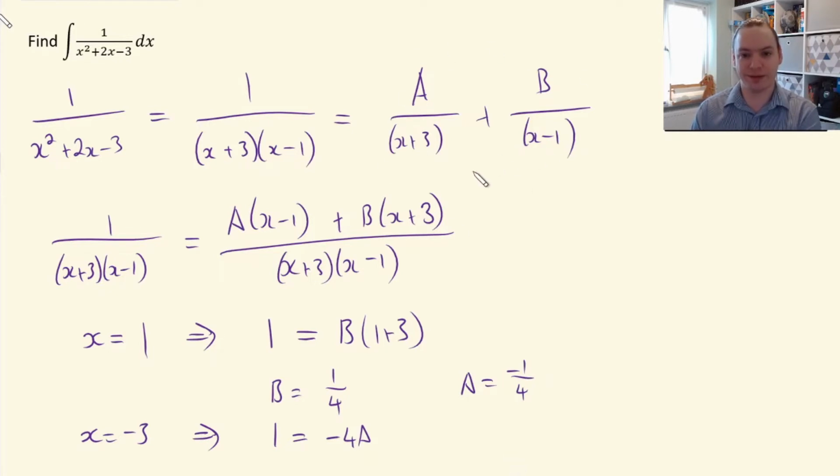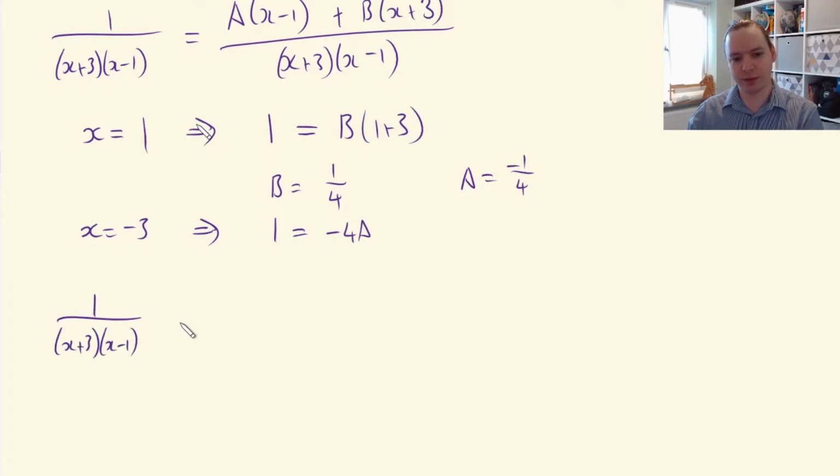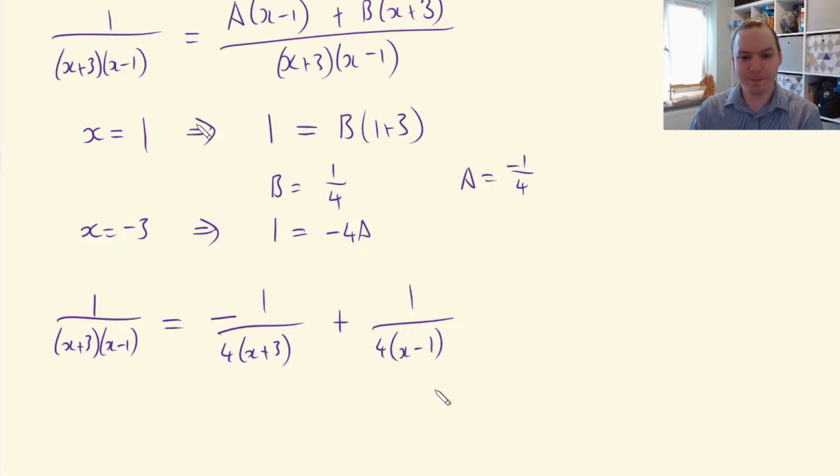Now I can go back to this original expression and I can pop all that information in. So now I know that my 1 over x plus 3 x minus 1 is equal to negative 1 over 4 x plus 3, because a is negative 1/4, plus 1 over 4 lots of x minus 1. Those are our a and b.